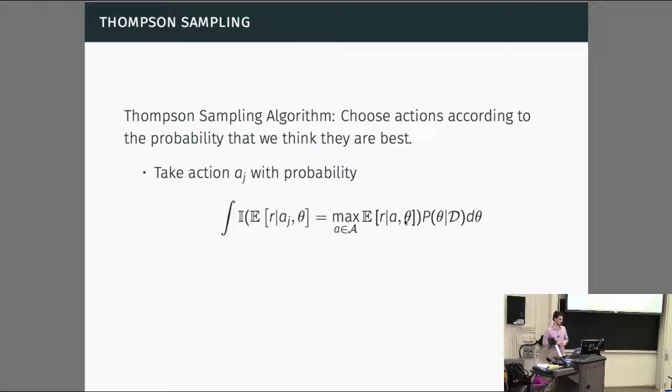Given that theta, is action A sub j the best action under theta? Either it is or it isn't. So all this is saying is it's a 1 or a 0 depending on whether A sub j is the best action given theta, and then we integrate this with respect to the probability distribution over theta given our data. Does that make sense?